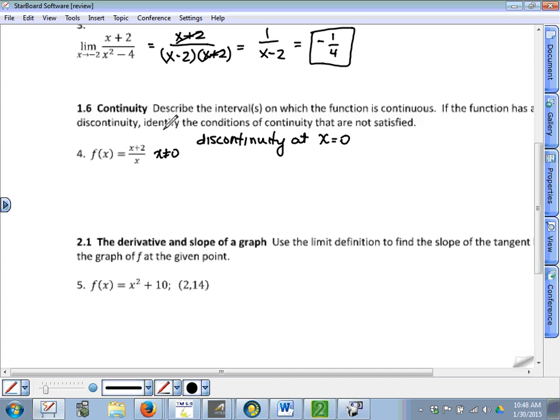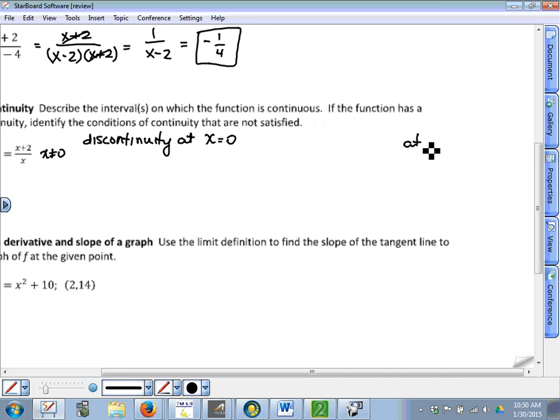And then the second part of the question says, identify the conditions of continuity that are not satisfied. Well, in order for a function to be continuous at a particular x value, the conditions for continuity are, let me do this over here, so at any particular x value, like x equals c, f of c has to be defined.